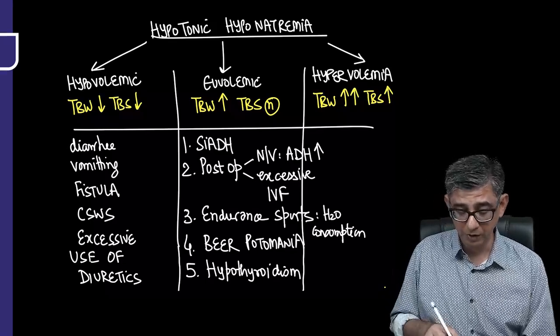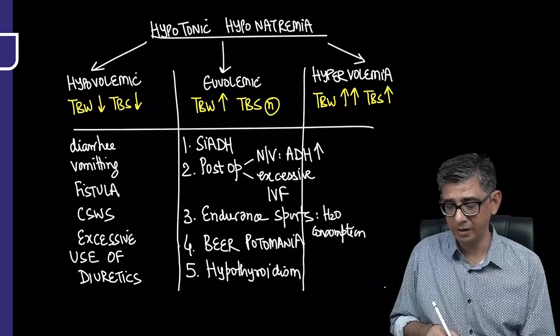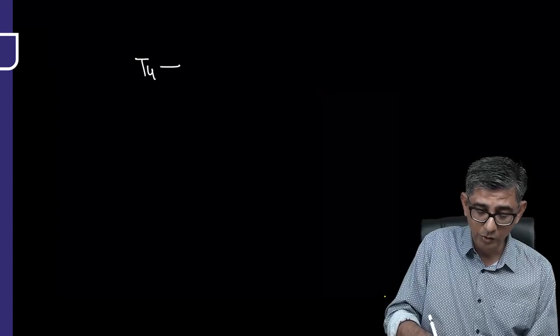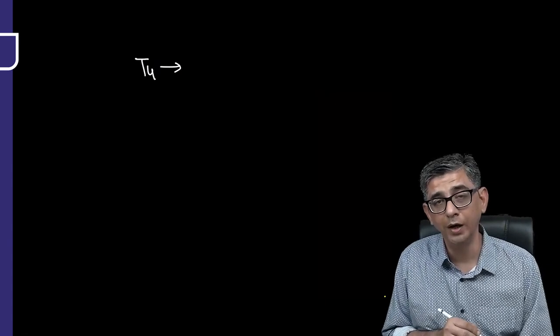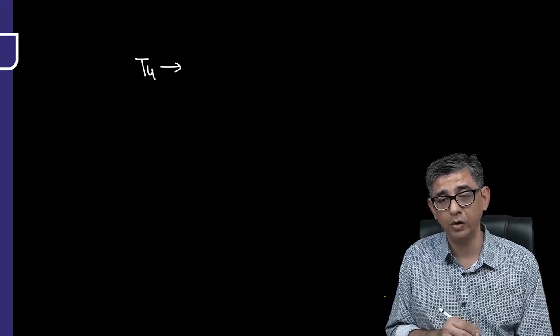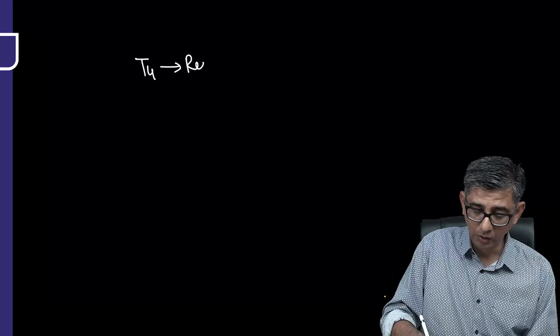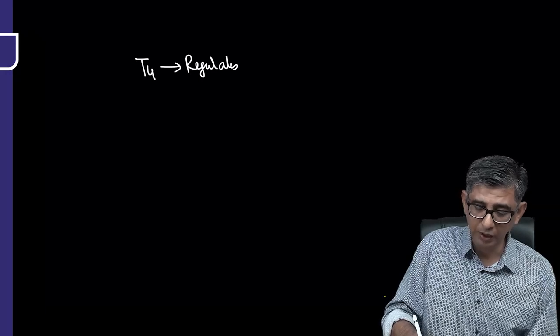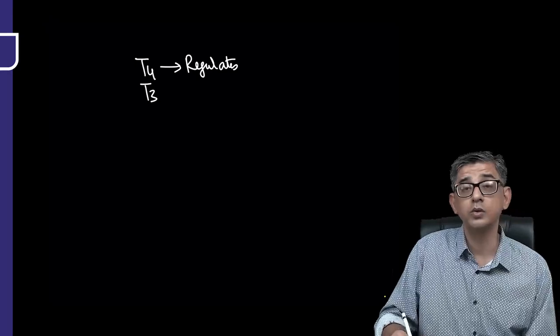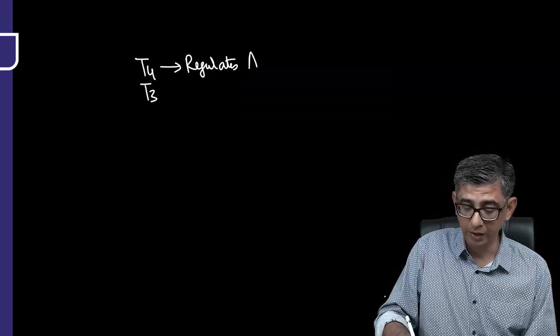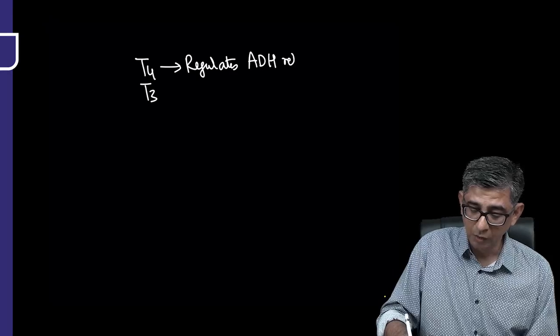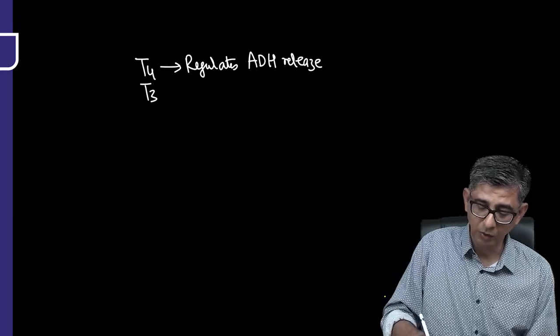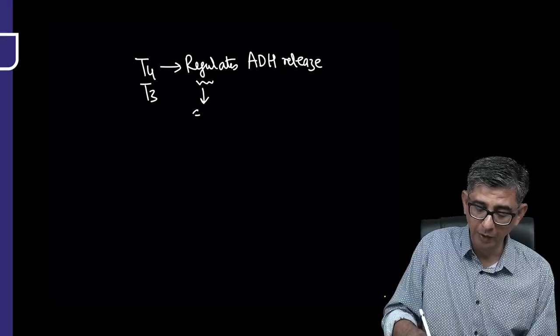So let me give an explanation for it, because I'm a little short on slide space, so I'll just move it up. What I want to tell you is that thyroid hormones tend to regulate the release of anti-diuretic hormone. In fact, T4 and ultimately T3 have been shown to regulate anti-diuretic hormone release. What I mean by this regulation is inhibitory control.